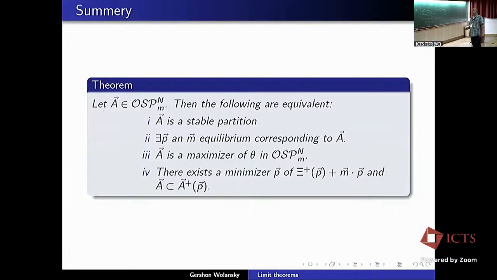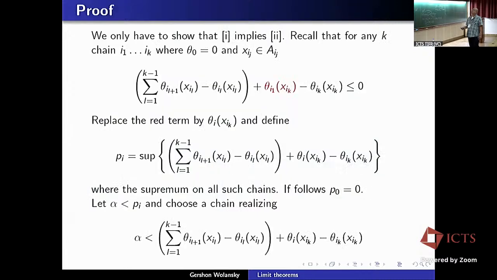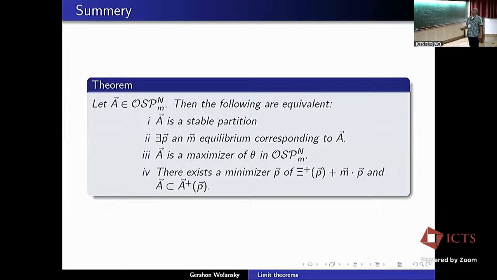So actually, we didn't prove everything. We proved everything except that one implies two. That's the thing we didn't prove. And let me spend a few minutes to prove this, because this will be very, very important later when we talk about the real problem, the full problem.